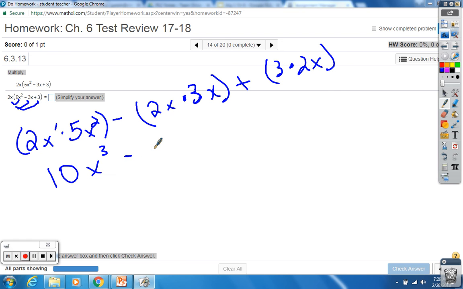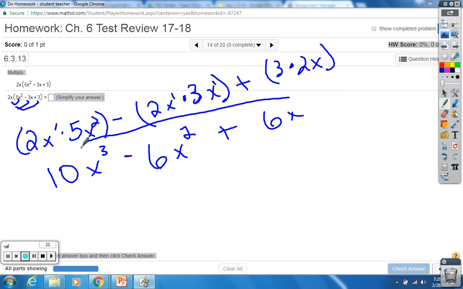And in this case, that would be 6x squared. And again, we're adding these exponents, and we're just doing 2 times 3 for our coefficient. Then in our last one here, we'll have plus 3 times 2x, that would be just 6x. And since we can't combine any like terms, we'd have to leave that as our final answer.